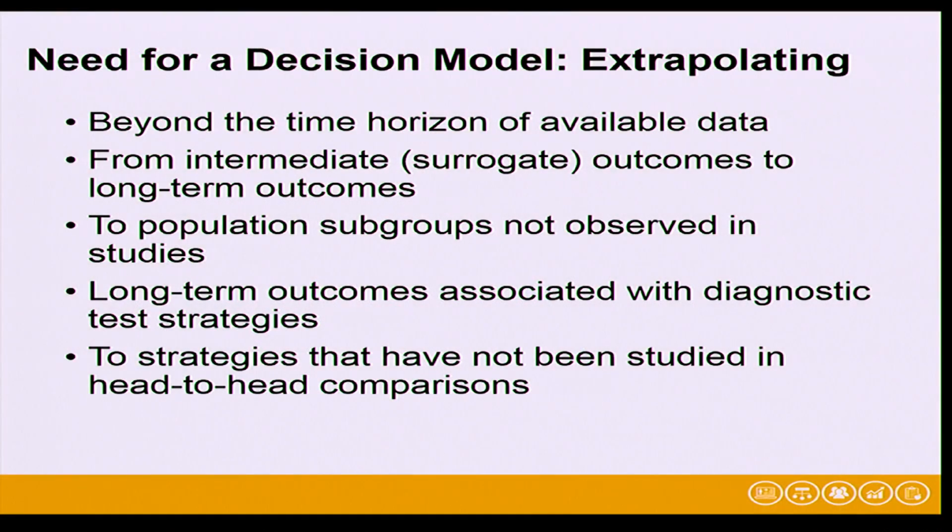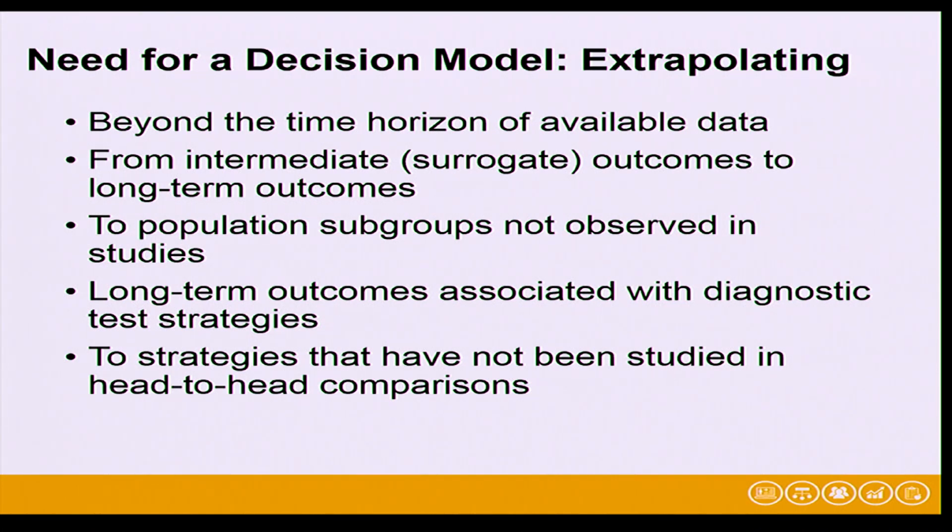The need for decision models often relates to the need to extrapolate. There's a need to extrapolate beyond the time horizon of available data, when the time horizon of the cost effectiveness analysis doesn't match the time horizon of the clinical studies. There's a need to extrapolate from intermediate or surrogate outcomes to long-term outcomes, such as quality-adjusted life expectancy.